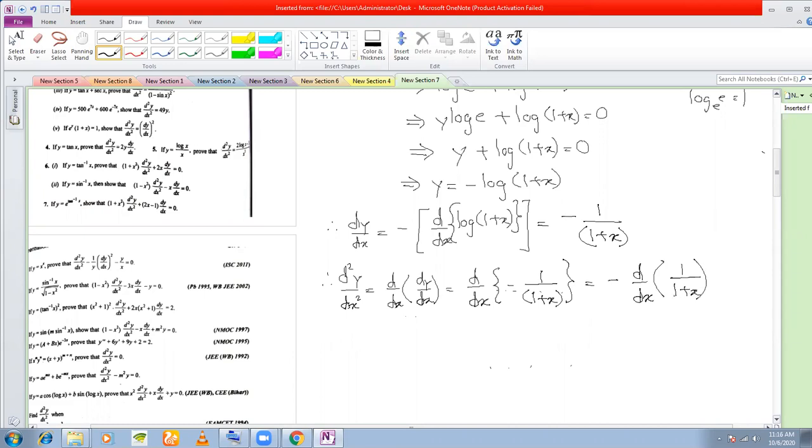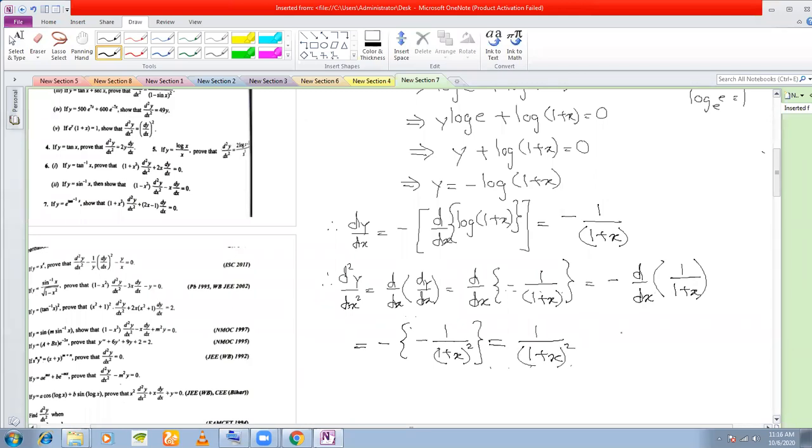And how do you differentiate 1 by 1 plus x? First you differentiate 1 by x, so you get minus 1 by x square, isn't it? Into the d dx of 1 plus x, which is 1. So simply you get this. So what are you getting? You are effectively getting 1 by 1 plus x whole square.